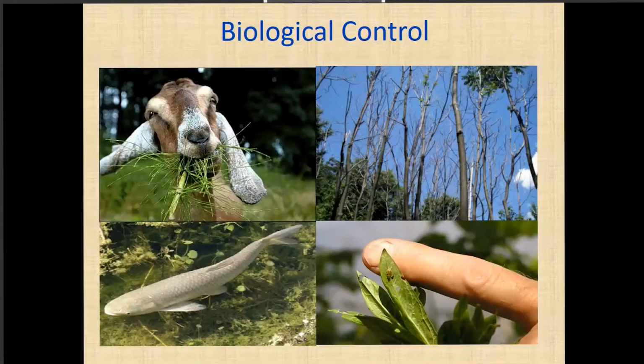Beautiful purple flowers, but very aggressive in wetland areas. But this particular beetle, because of its voracious appetite for purple loosestrife, is able to maintain its populations and give our native plants in these wetland areas an opportunity to continue to exist and be competitive with that purple loosestrife.